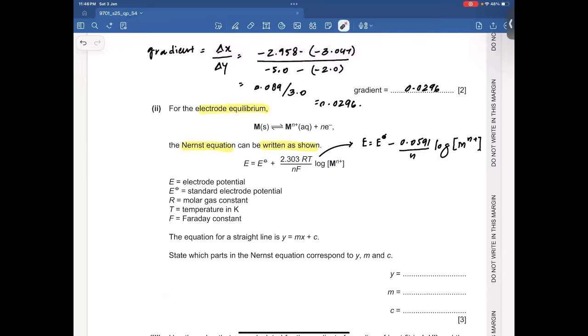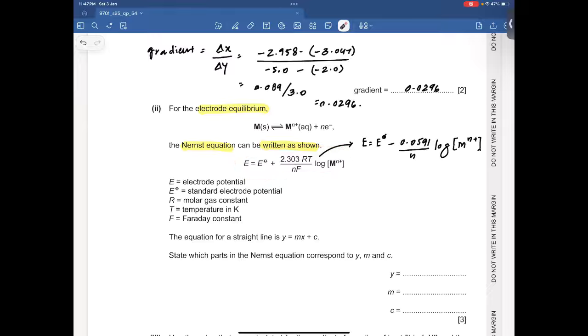And I've told you in the class how we got this. We know 2.303 is a constant, R is fixed, 8.31, temperature is 25 degrees Celsius, which is 298 Kelvin. The Faraday constant value is fixed, 96500. So when we multiply this value divided by the Faraday constant, I'll get 0.0591 volt. So that's the simplified version of the Nernst equation. Anyway, we need to respond to the answer on the basis of this equation.